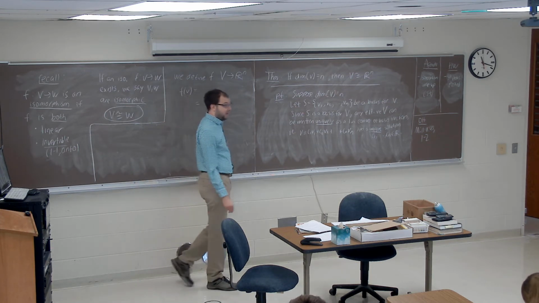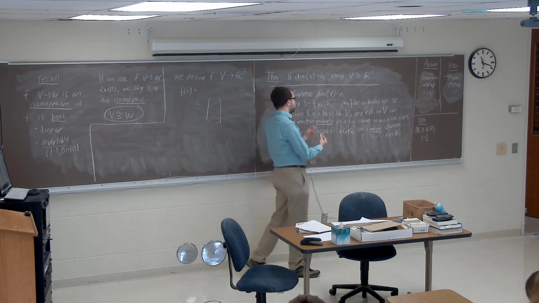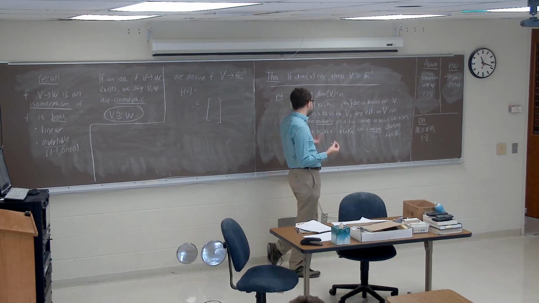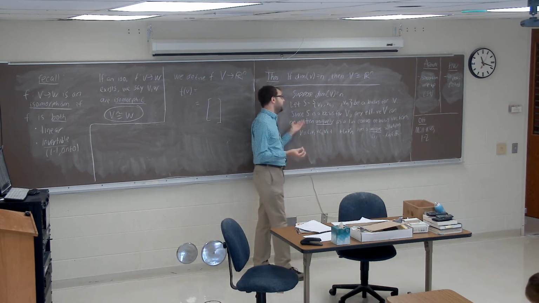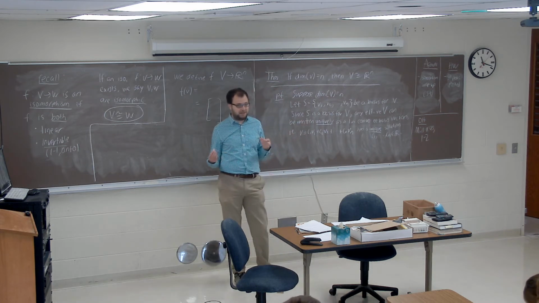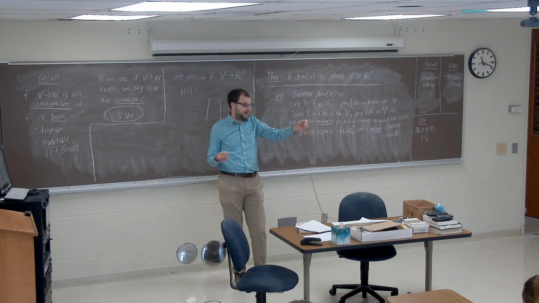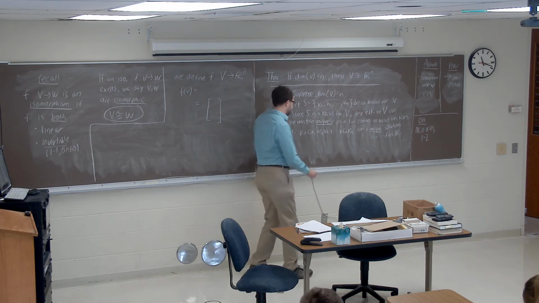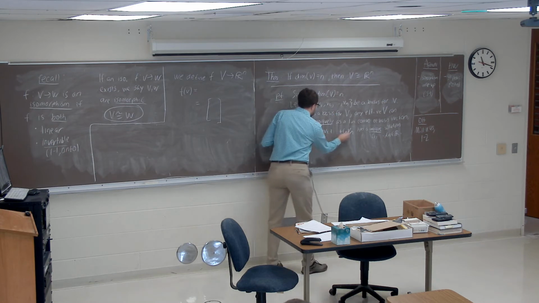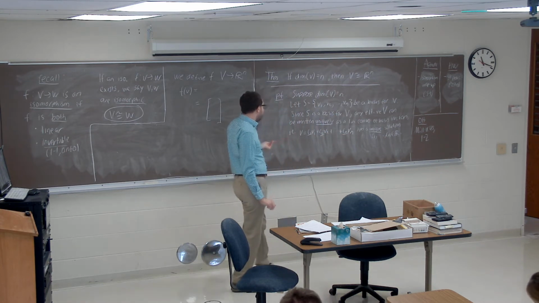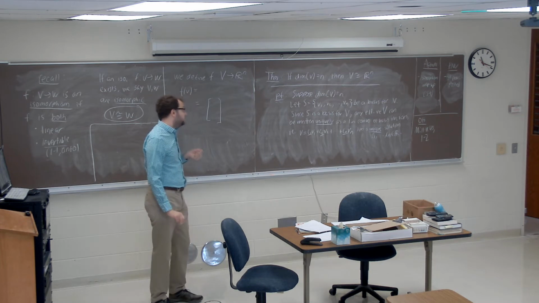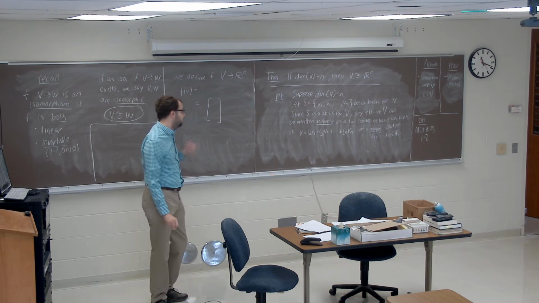Well, I would argue that we've already found a way to take an element little v in our vector space and have it correspond to n separate scalars. What scalars do we have, Isaac? C1 through Cn. Yeah. We know we can write v as a unique linear combination of v1 through vn.